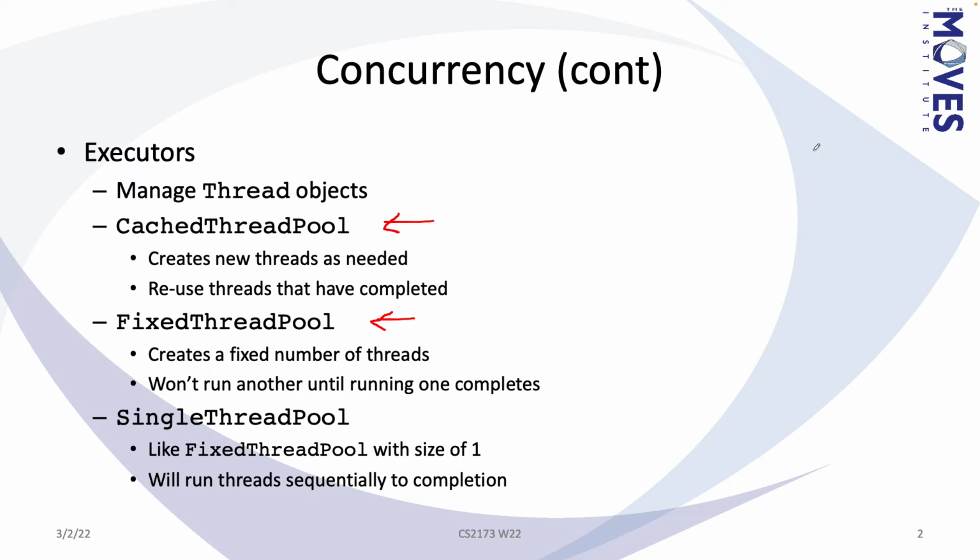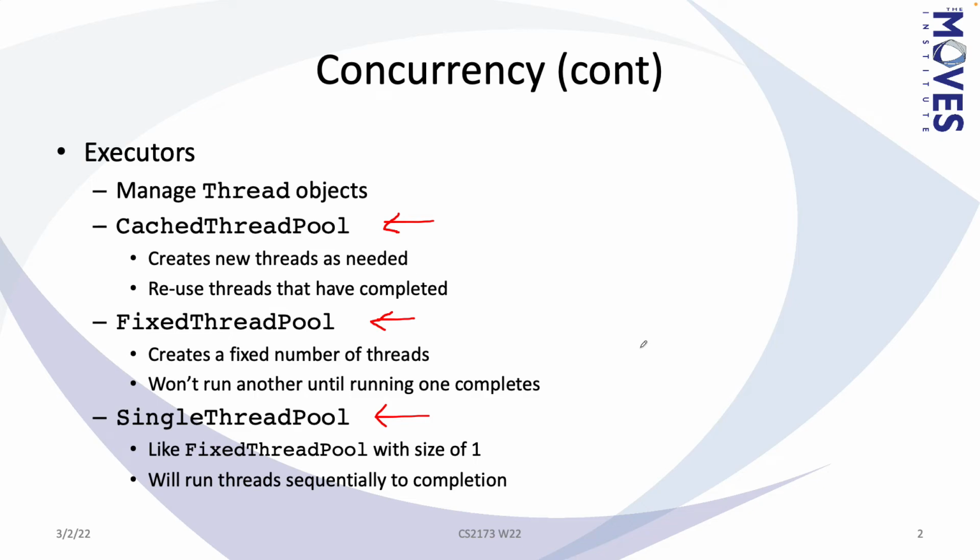And then at the other extreme, there is a thing called a single thread pool, which is basically like a fixed thread pool with the size of 1. And that's basically just like running things sequentially. And we'll see that sometimes that may be a good idea.